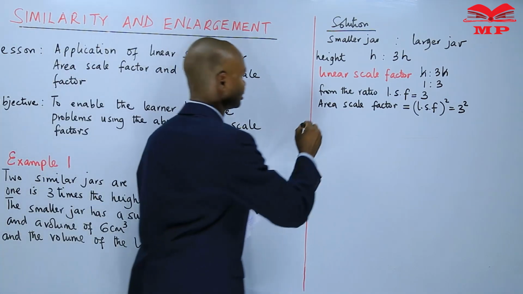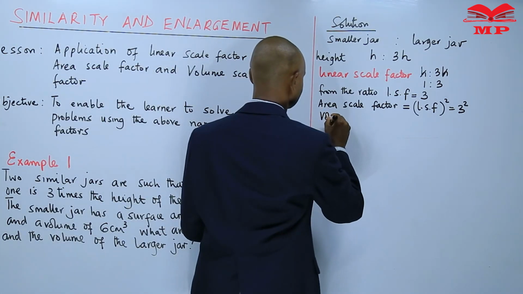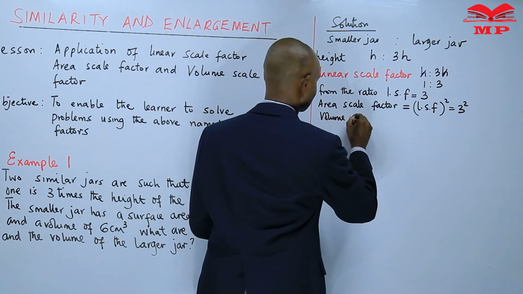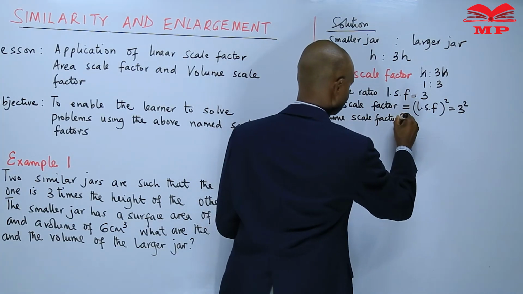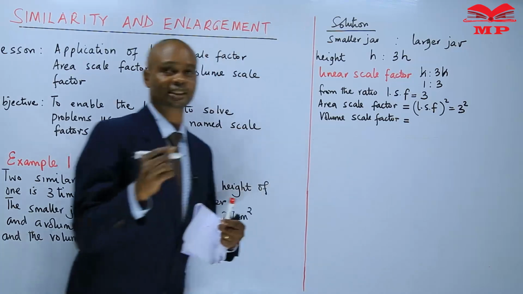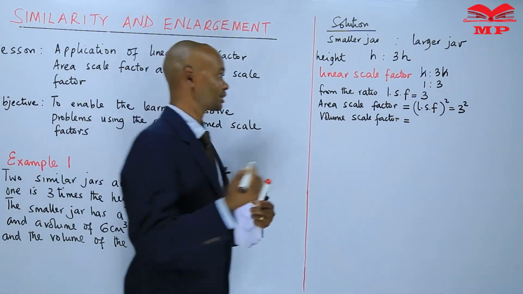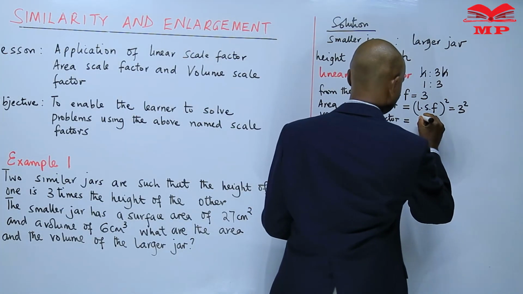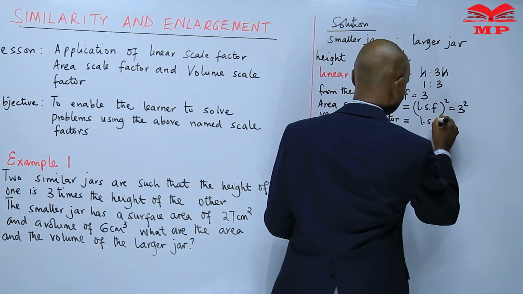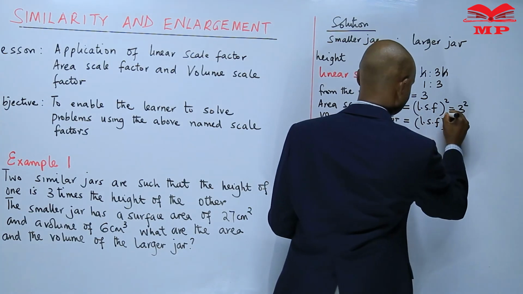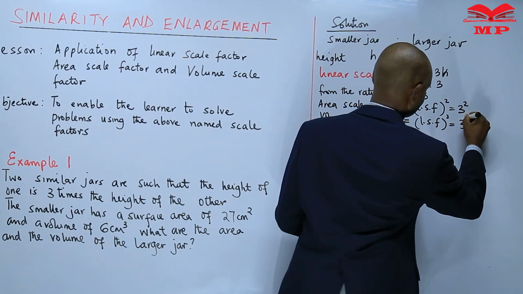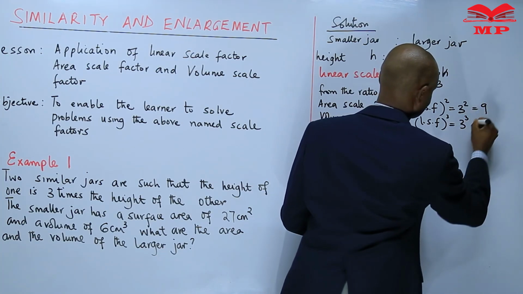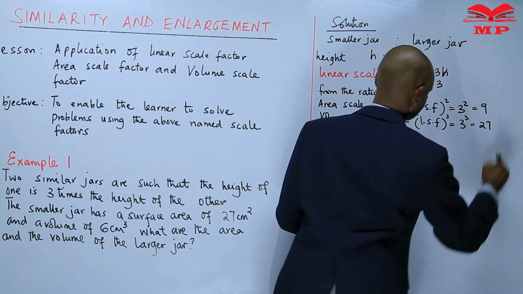And learner, the volume scale factor will be equal to the linear scale factor cubed, as we learned in the other lessons. That will be 3 cubed. That gives me 9, and that one gives you 27.